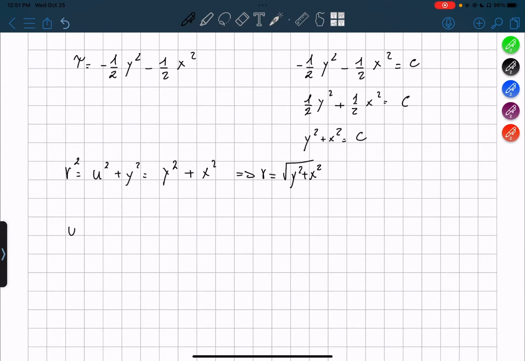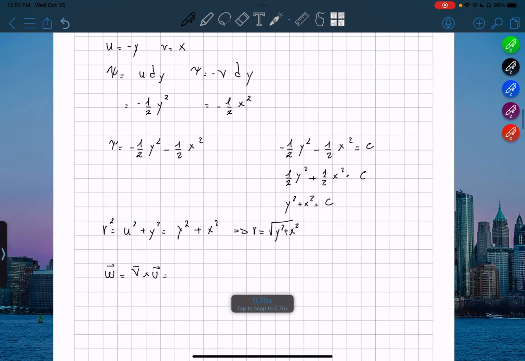So first of all, we can find the vorticity vector. So this is going to be equal to the curl of our velocity vector.